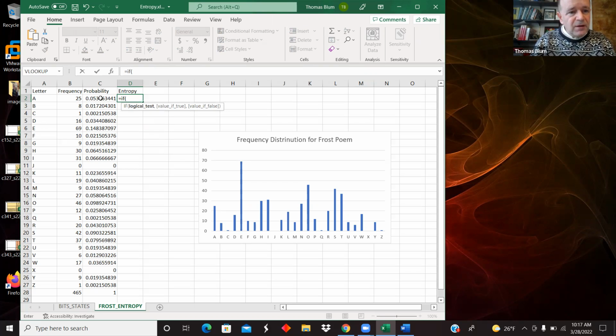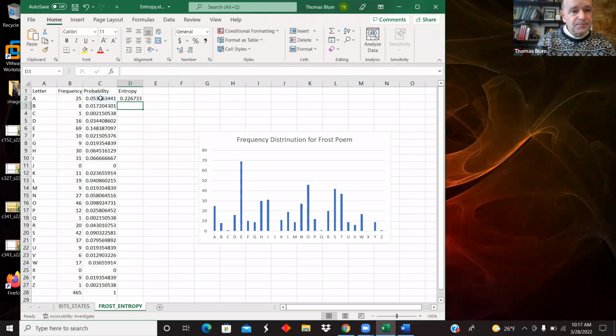So if the probability is equal to 0, then I'm just going to give myself a 0. And otherwise, I'm going to give myself minus probability times the log of the probability base 2. And then that's the close of the log. And then let me close the if.